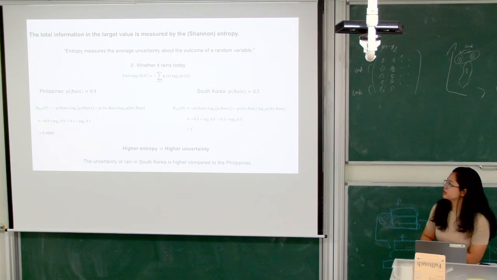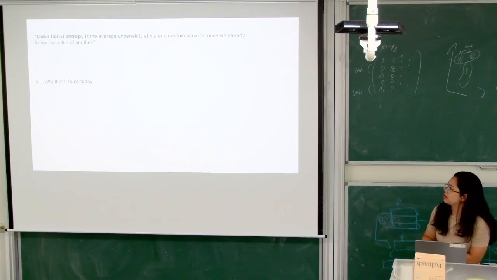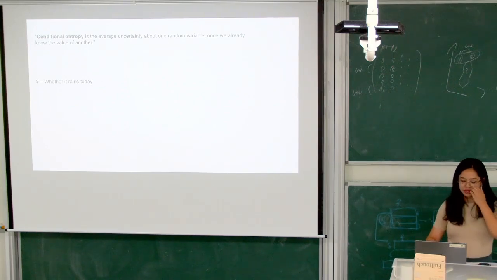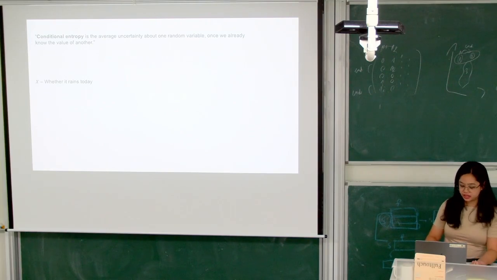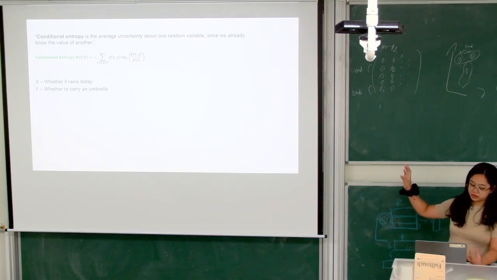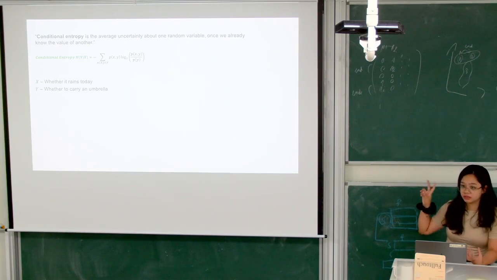Yes. So there is also one more thing. I forgot to put the effect, but there's one more thing that we have to learn, which is conditional entropy. And this is the formula. Now we consider another random variable, which is whether to carry an umbrella or not. We want to take a look at the conditional entropy.